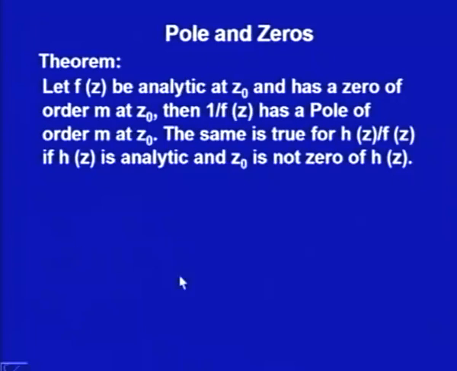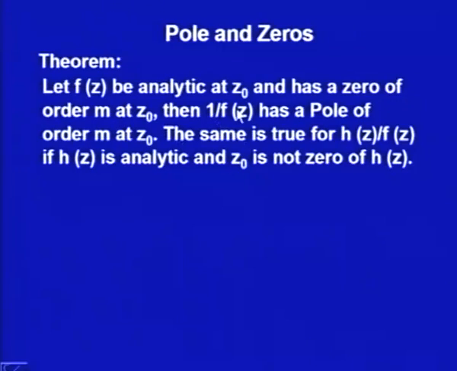So, what we are saying is we are relating the zeros of an analytic function with the poles of the analytic function. If f(z) is analytic and has a 0 at some point, then 1 upon f(z) will have a pole at that point, and the order of that pole would be the same as the order of that 0 for f(z).